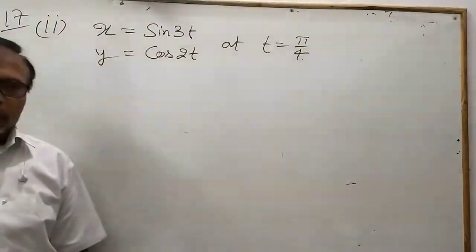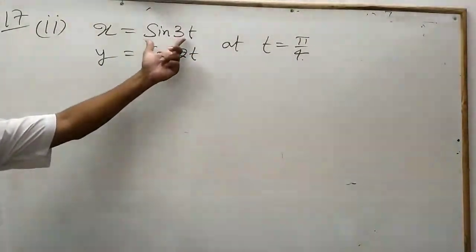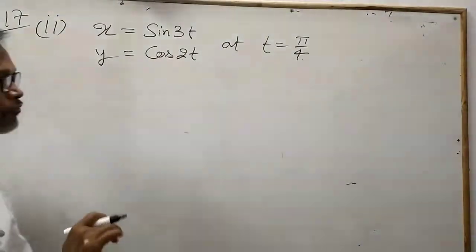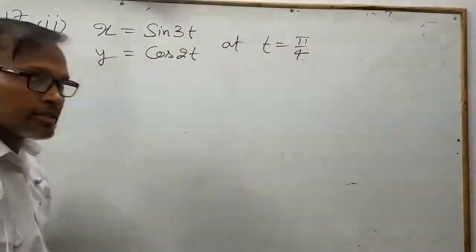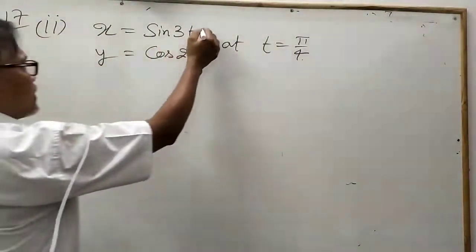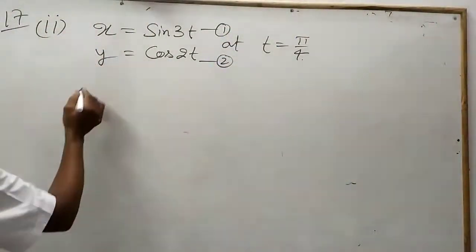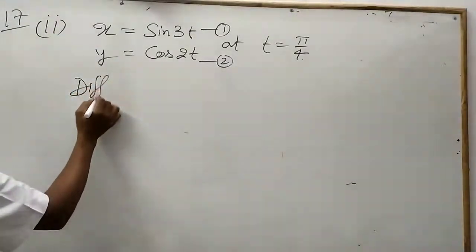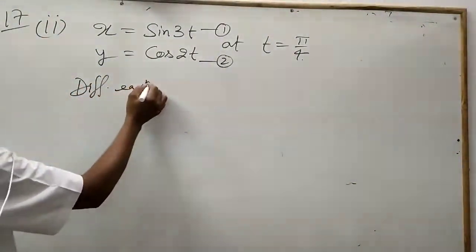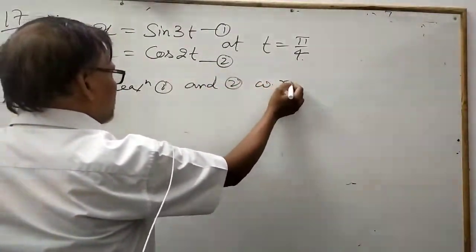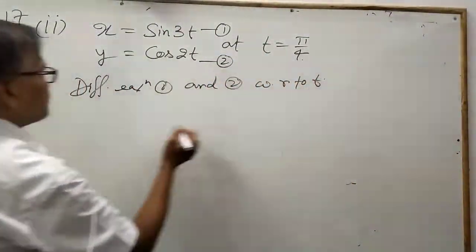That is, you can get the point. Put the value of t as pi by 4 in this and we will get the values. But before that you have to find the dy by dx. How to find the dy by dx? Both the equations are in parametric form. Differentiate 1 and 2 with respect to time.